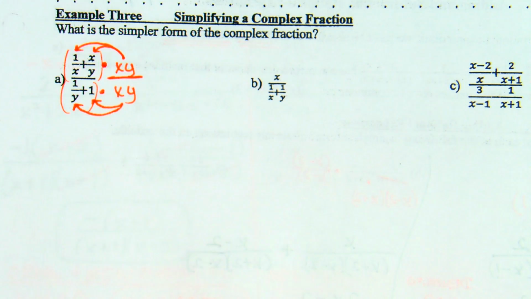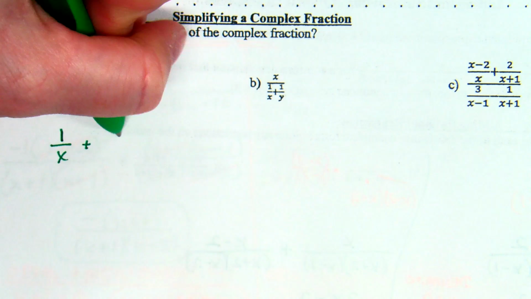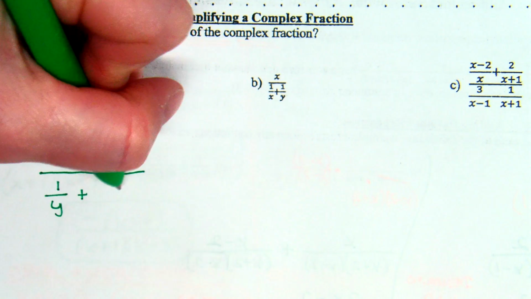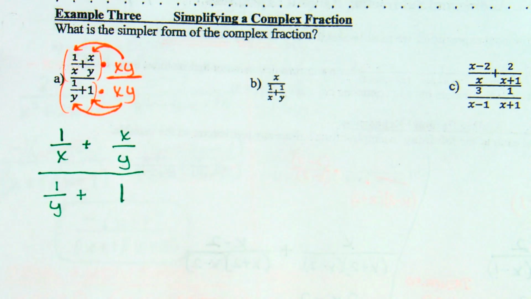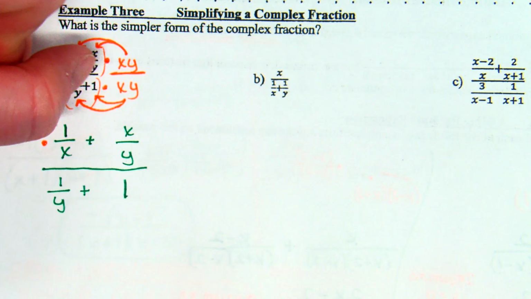I think on this first one, it might be easiest if I write it out to show what's happening. I'm writing out my original problem, but leaving some spaces, because I want to show you what happens when we multiply by xy. So on top we're going to take xy and multiply it by 1 over x, yes?